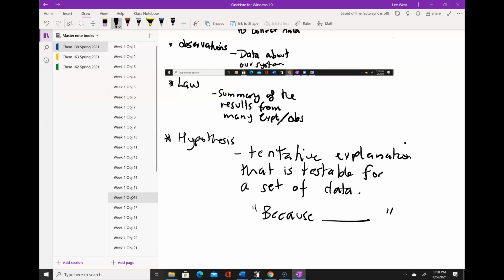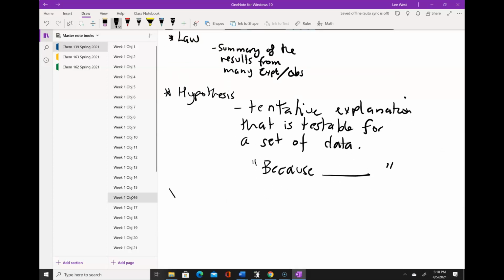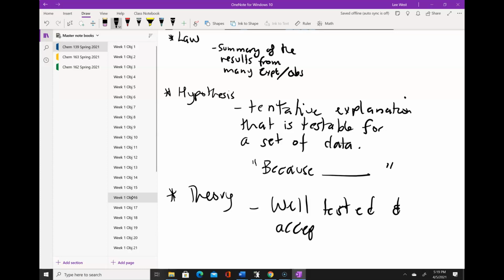Because it's explaining, it's actually giving a reason for why things are happening. And then finally, we have a theory, and this is a well-tested and accepted explanation.